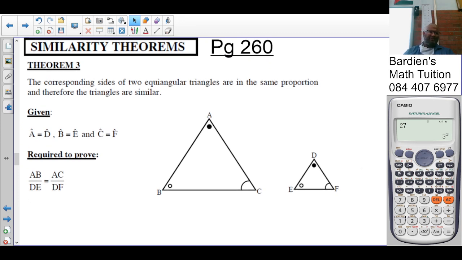They would tell you, given that angle A is equal to angle D, angle B is equal to angle E, and angle C is equal to angle F. That would be given to us. The question says you're required to prove that AB over DE is equal to AC over DF. That's what you are required to prove. So draw the triangles quickly.